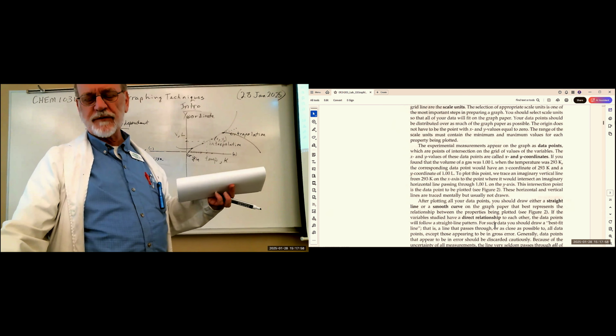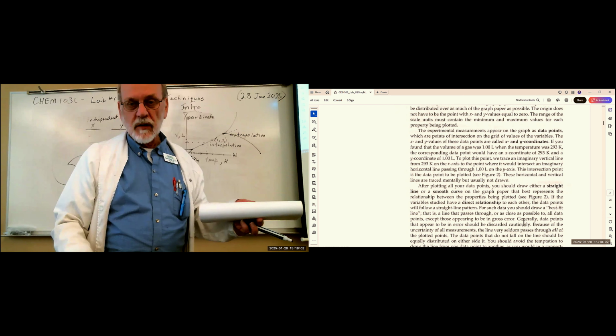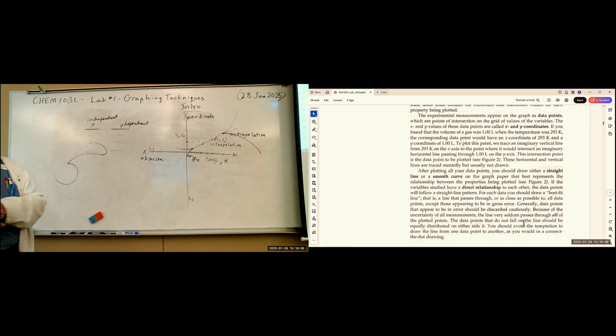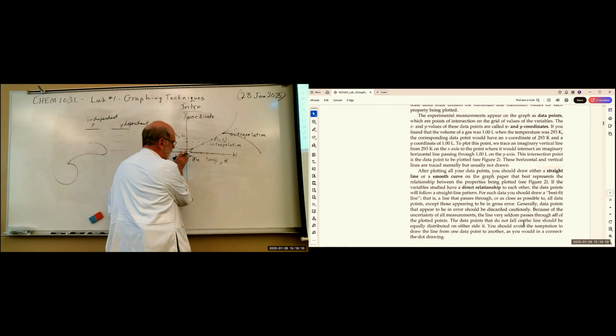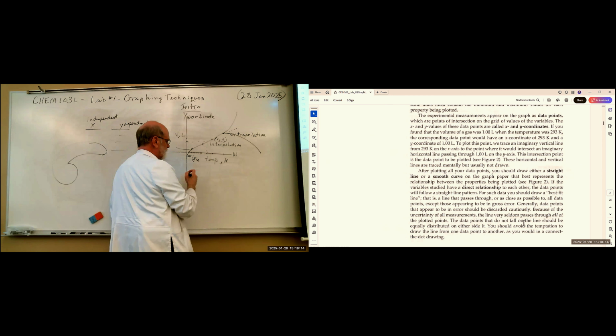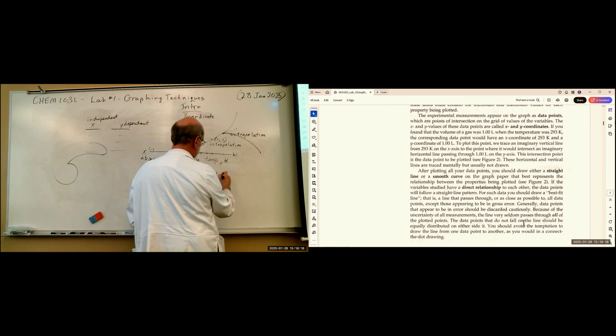We talked about drawing a best fit curve, either a straight line or a smooth curve. Relationships, proportionalities. If as X increases, Y increases, that's a direct proportion or a direct relationship.